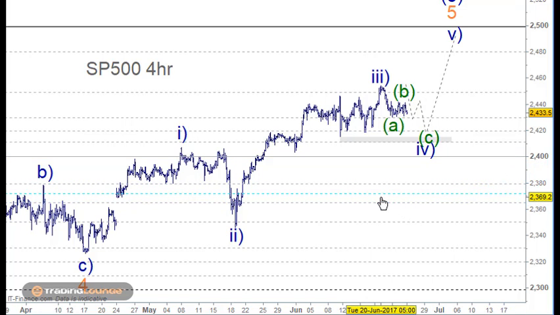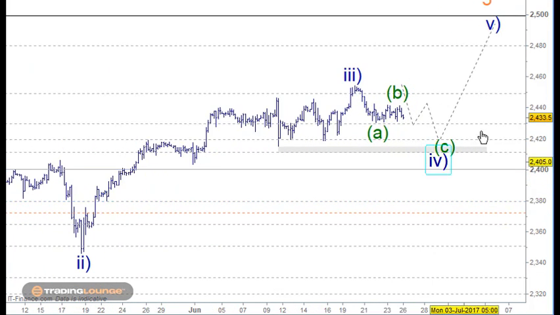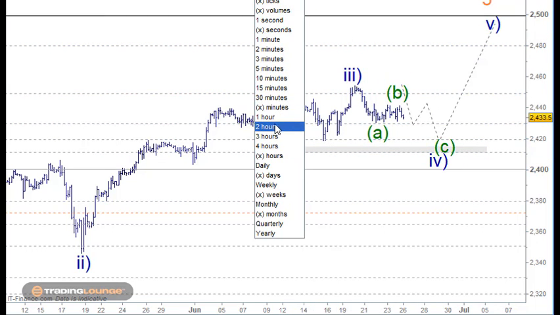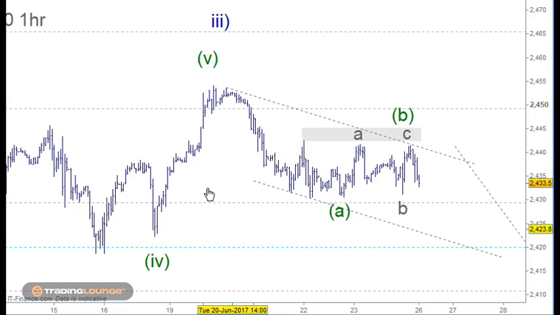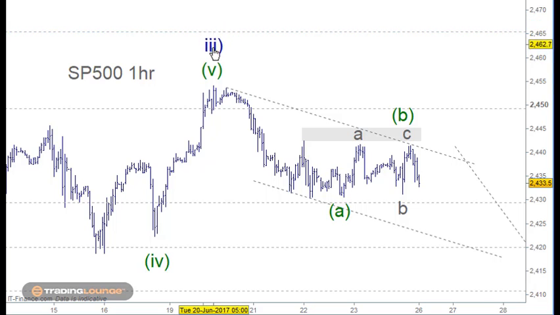In the short term here, if we just drill into this little section here into the 1 hour chart, just give us a bit of an idea of what we're looking at. Looking at this move down through here as the A wave here, then an A wave to here, a B wave to here, and 5 waves up for the C wave here.